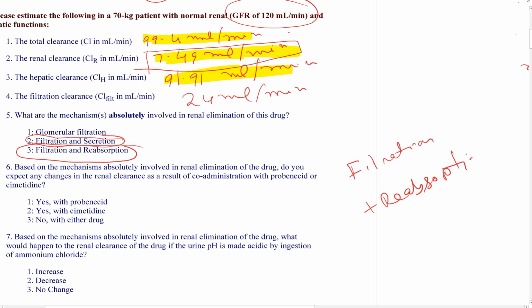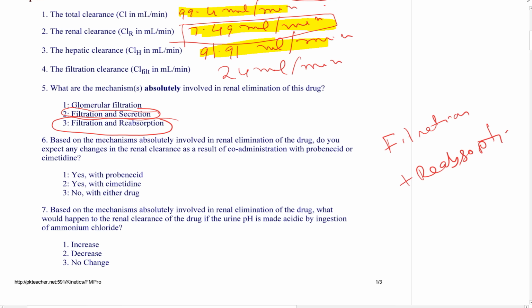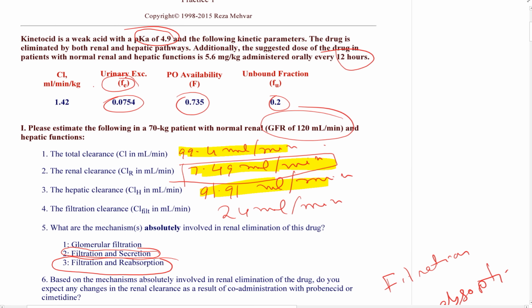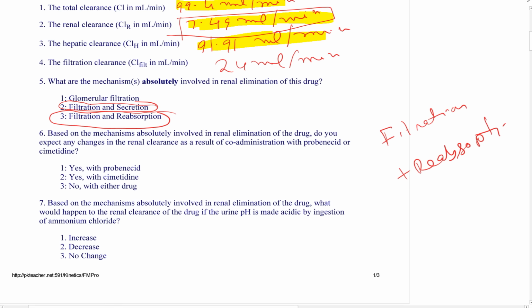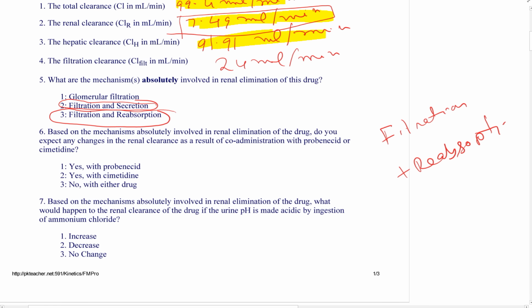So what is going to happen with a tubular secretion agent? First of all, you see this is a weak acid, and we have co-administration of probenecid and cimetidine.